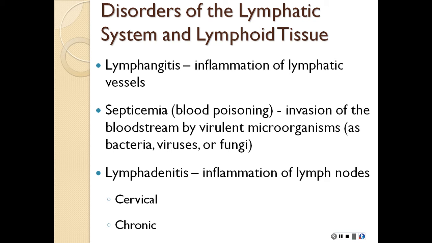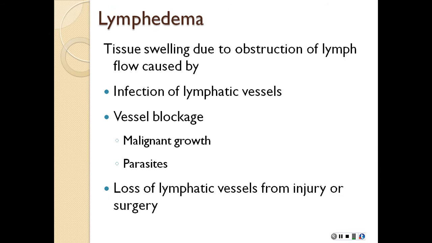And what you'll see a lot of times is adenitis or adenoids are usually referring to lymph nodes. So lymph nodes are sometimes called adenoids. Okay. And then lymphedema. What is the second part of that word?